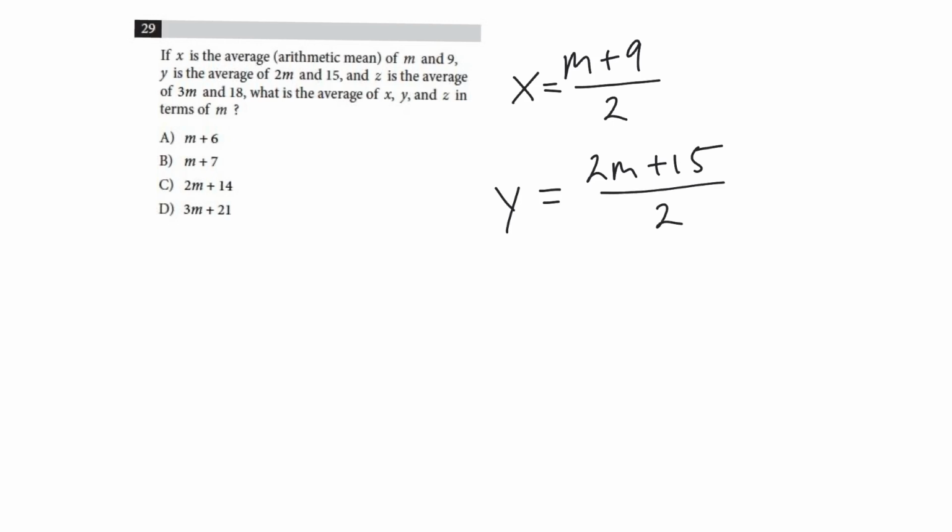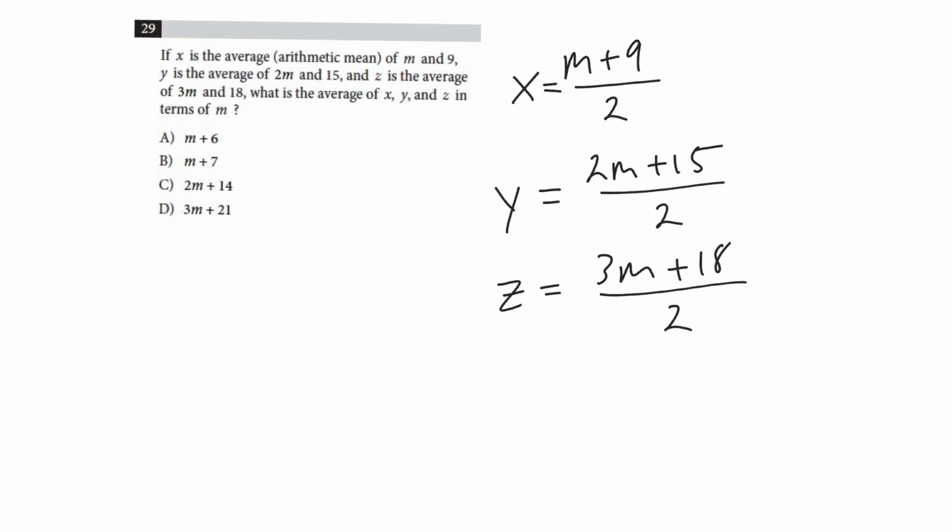That is (2m plus 15) divided by 2. z is the average of 3m and 18, so (3m plus 18) divided by 2. All right, so we want to know the average of x, y, and z in terms of m.